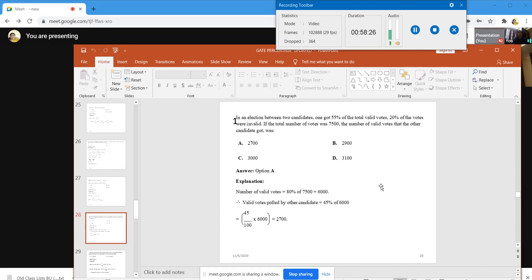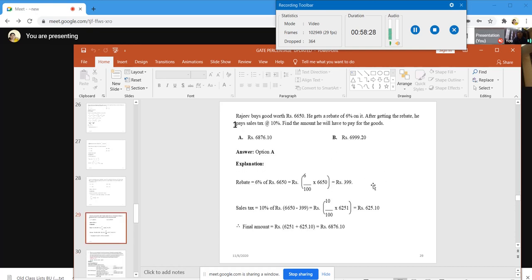This is also a typical problem, like the election one which we have already discussed. Whenever they are asking percentage problems, first you have to read and understand the given problem clearly, and other things are very easy to calculate. Very few formulas are there. In the remaining cases you have to understand the given problem and try to solve.